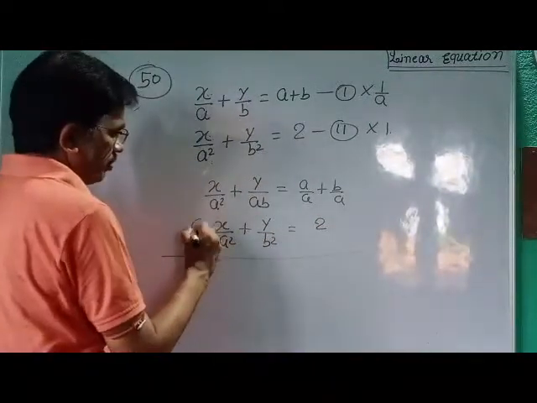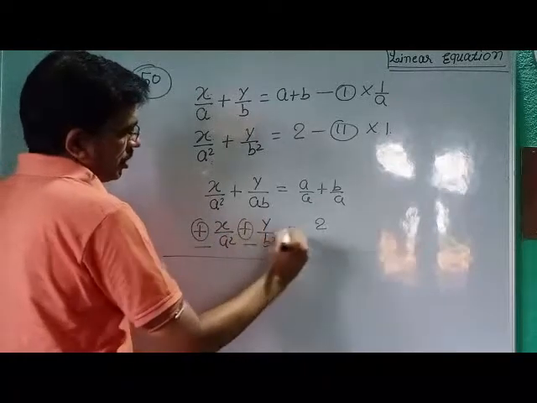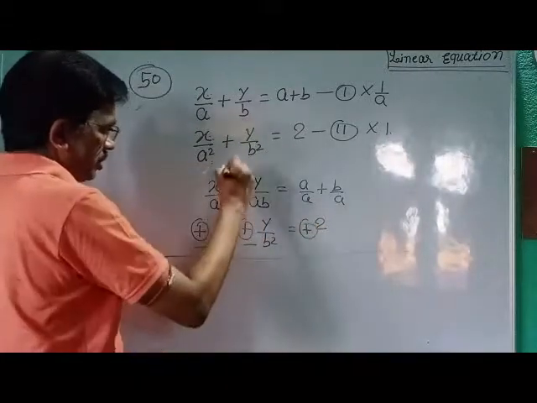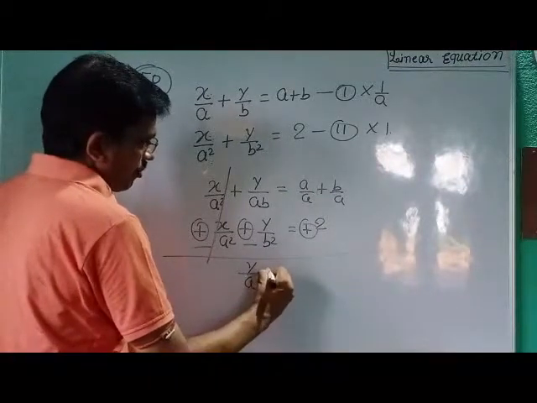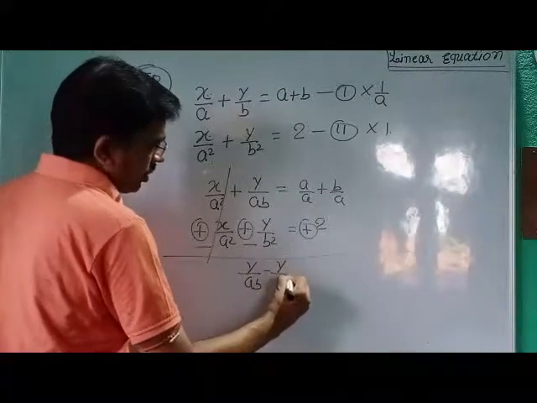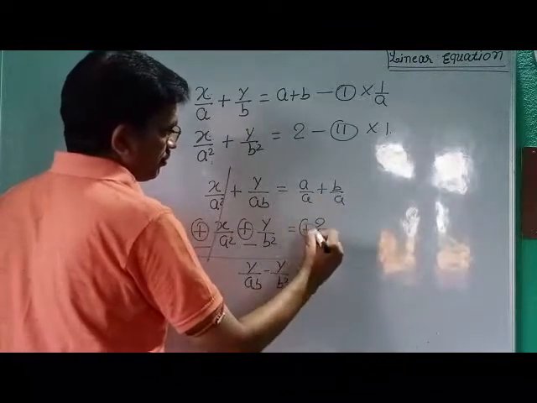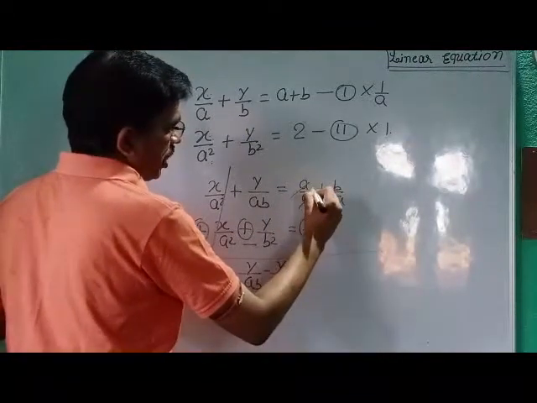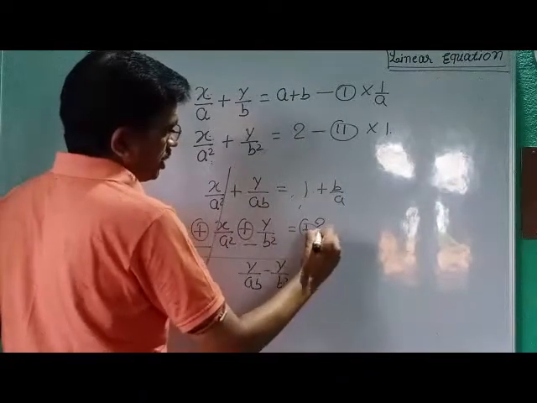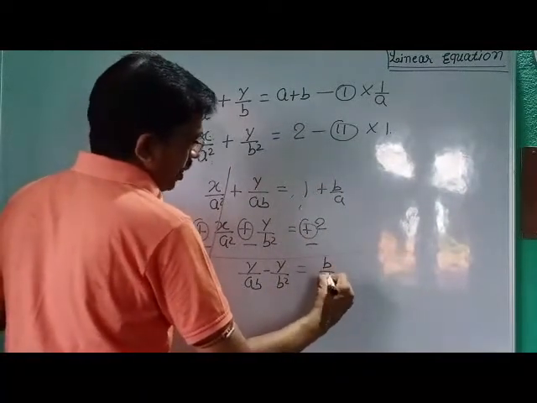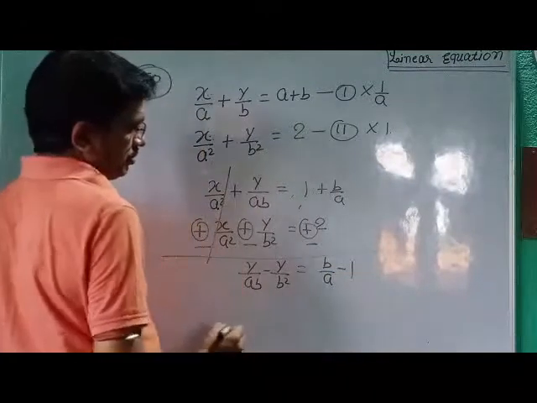Subtract it because both have the same sign. Here is plus, then minus, so it will cancel. Then here is y/ab - y/b² = 1, because a by a is 1, so write here 1, and it is 2, so we write b/a - 1.